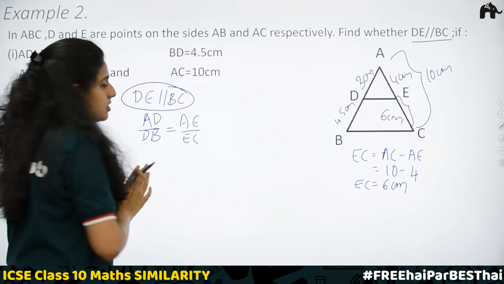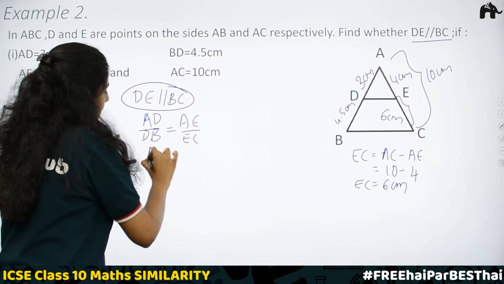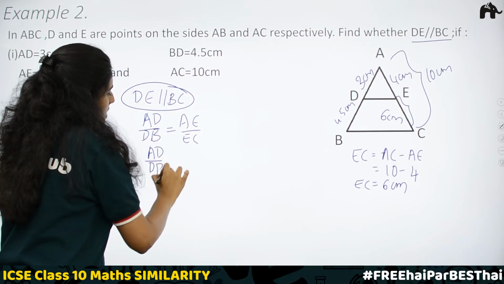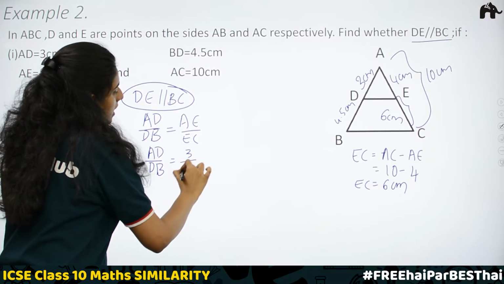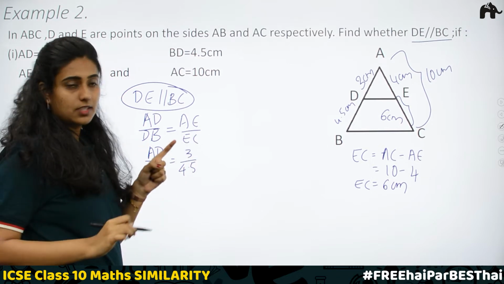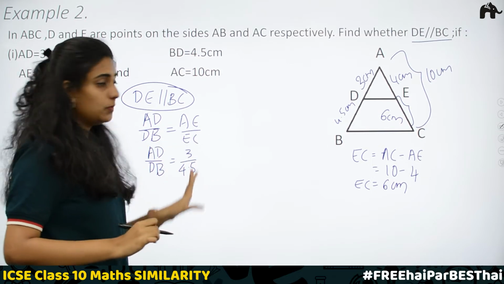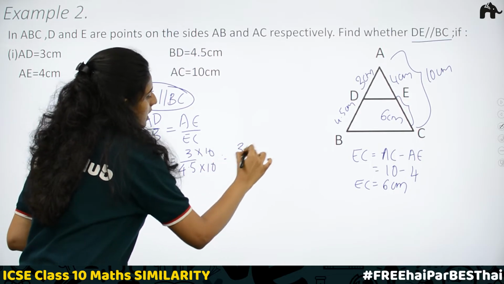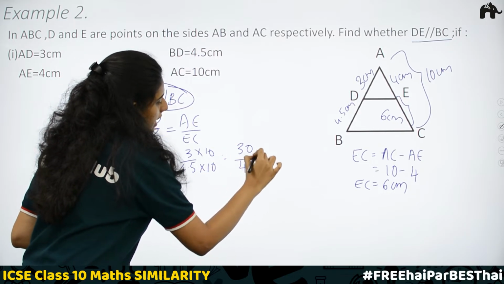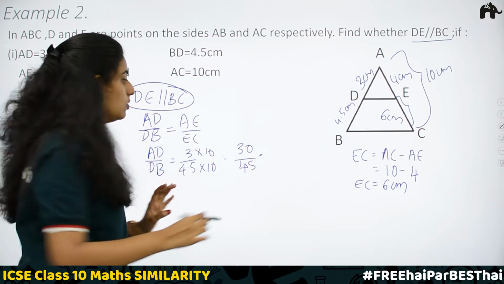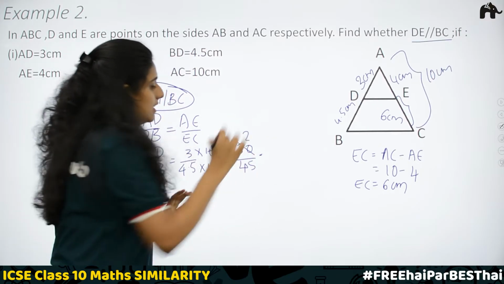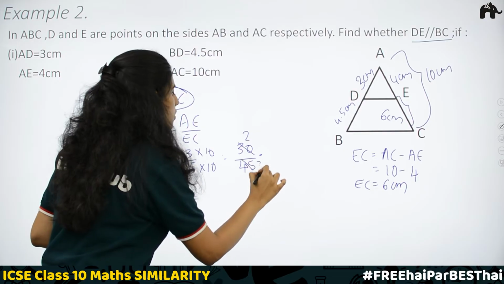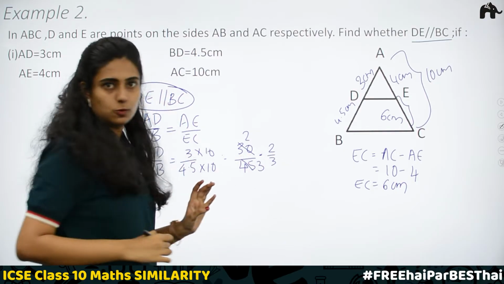Now put the values. Here, AD by DB is equal to 3 by 4.5. Multiplying numerator and denominator with 10 so that I can remove the decimal, 30 divided by 45, and that is equal to 2 by 3, since 15 into 2 is 30 and 15 into 3 is 45. 2 by 3 is the ratio.